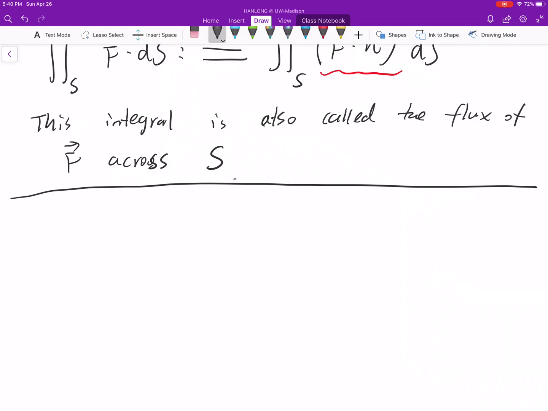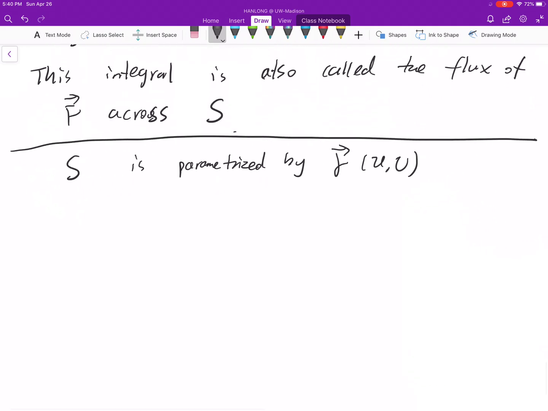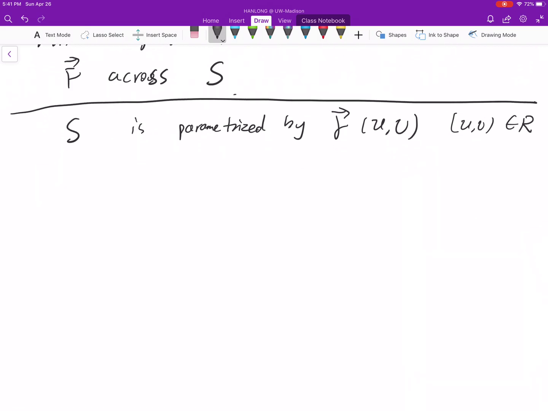So first, suppose S is parameterized by gamma(u,v), and (u,v) is in the region R. And as before, we can take the orientation to be n equals gamma_u cross gamma_v divided by the norm of gamma_u cross gamma_v.